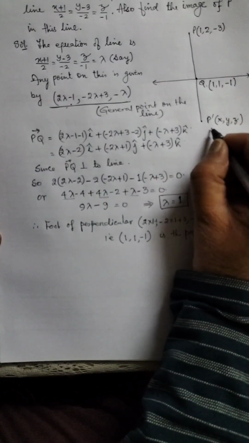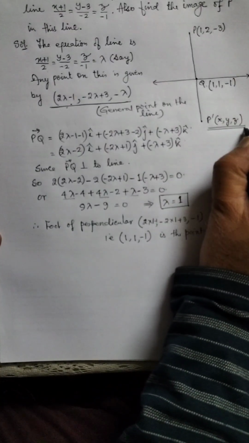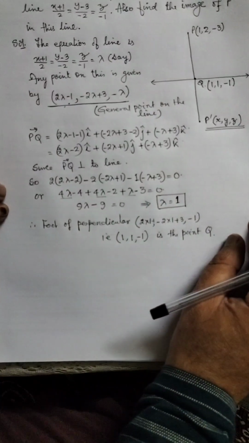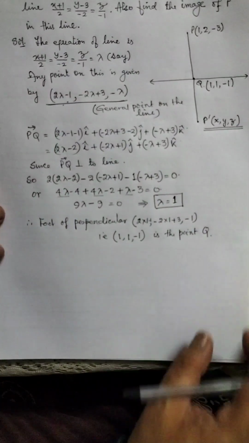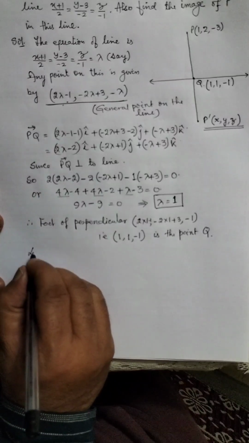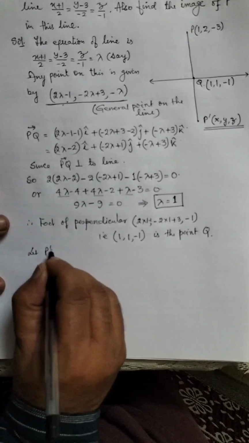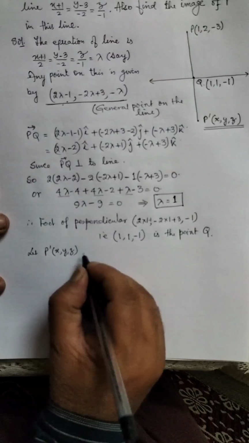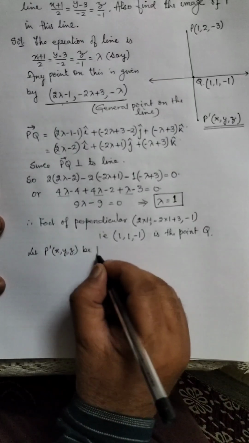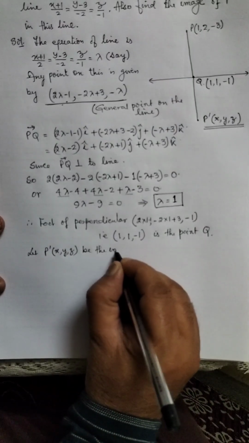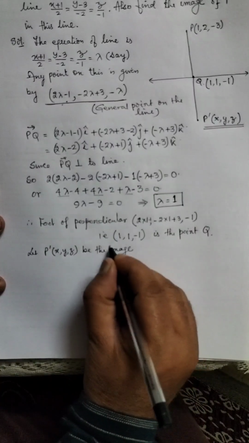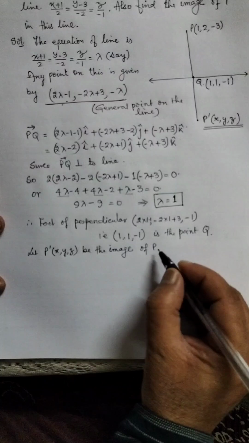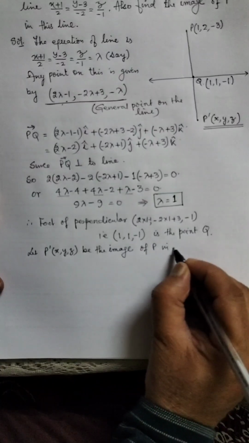Now we have to find out the coordinates of P dash, which is the image of point P. Now for this, let P dash (x, y, z) be the image of P in the line.